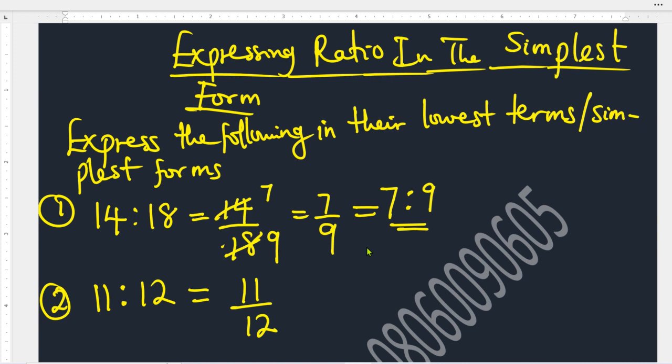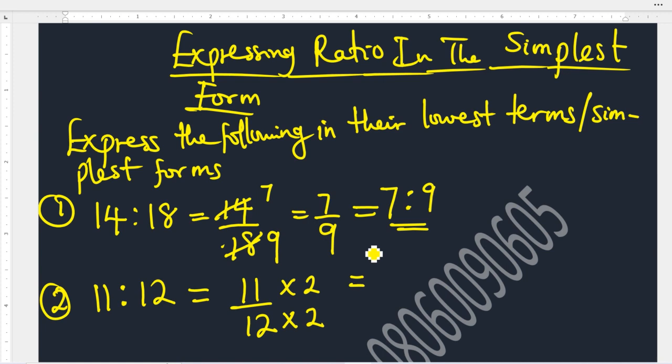For us to be able to express in the simplest form, we are going to multiply the numerator and the denominator by 2. So whenever you're given a ratio and nothing can divide, multiply the numerator and the denominator by 2.